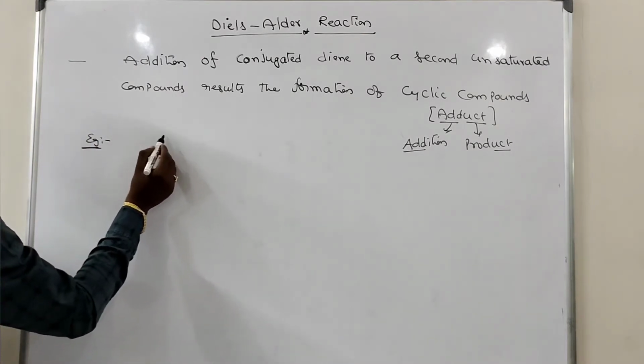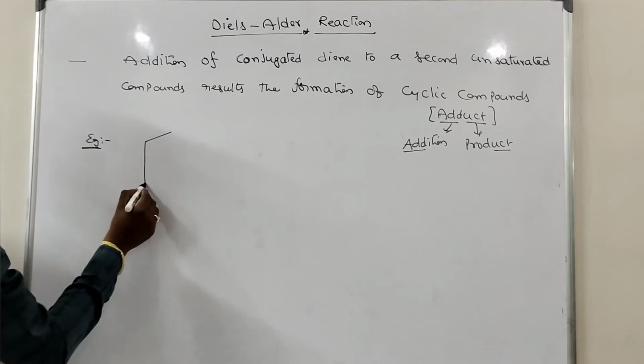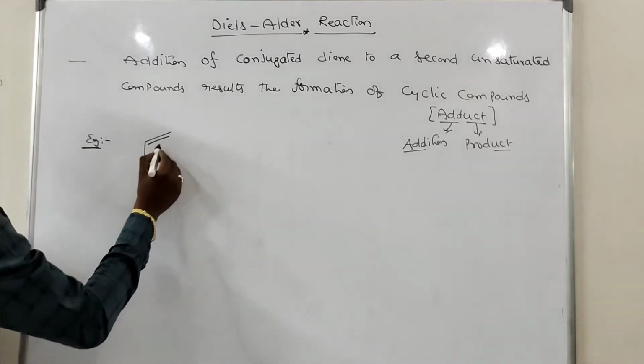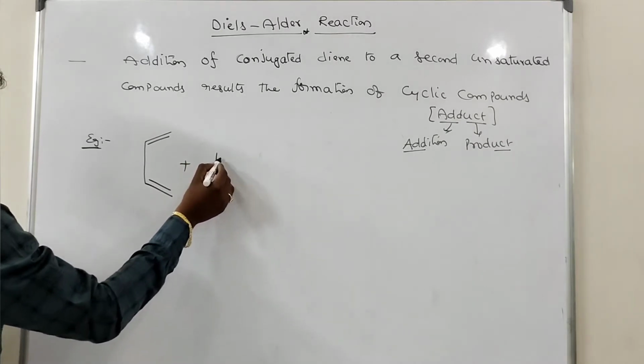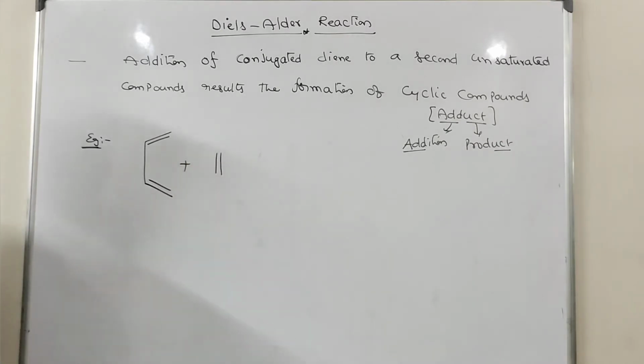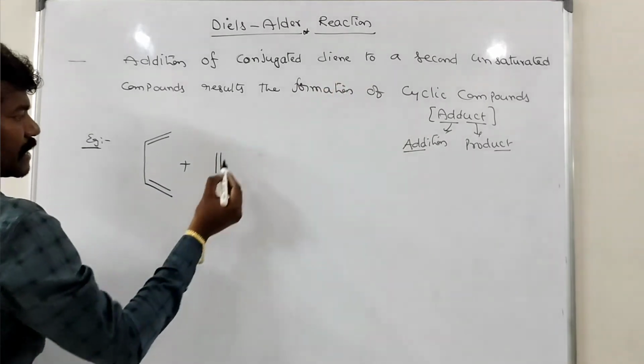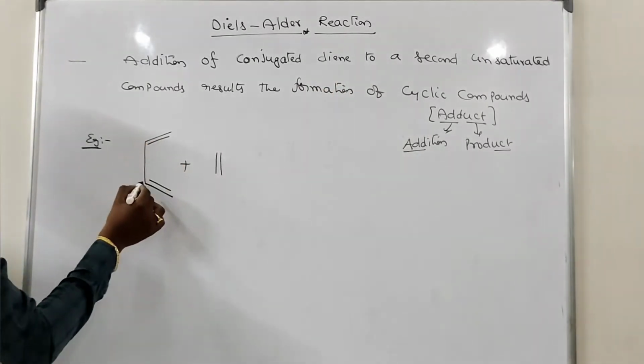The general example is 1,3-butadiene, a conjugated diene, and ethylene, an alkene, the second unsaturated compound.